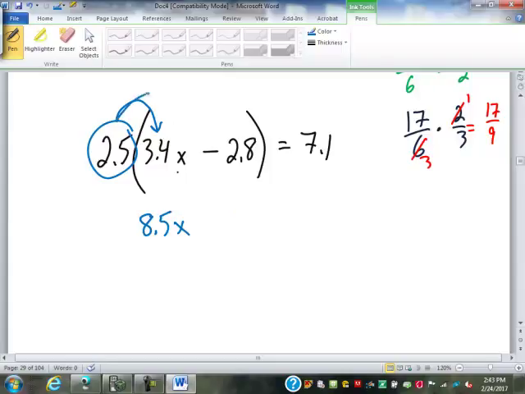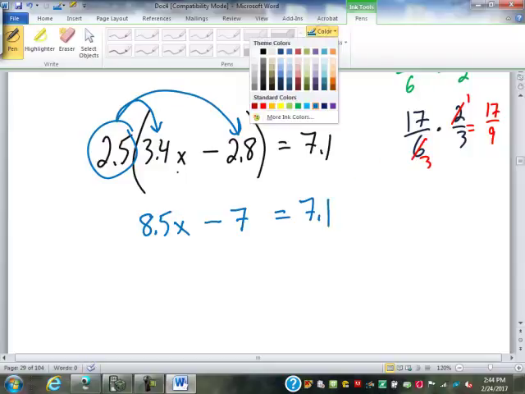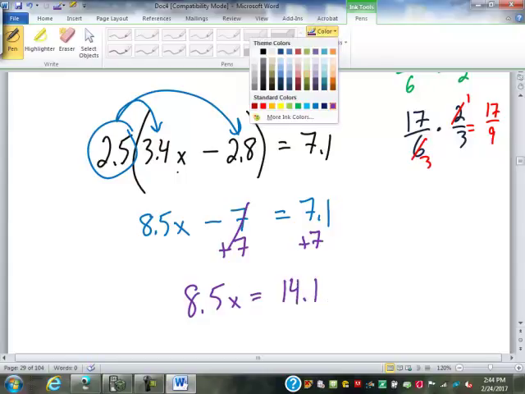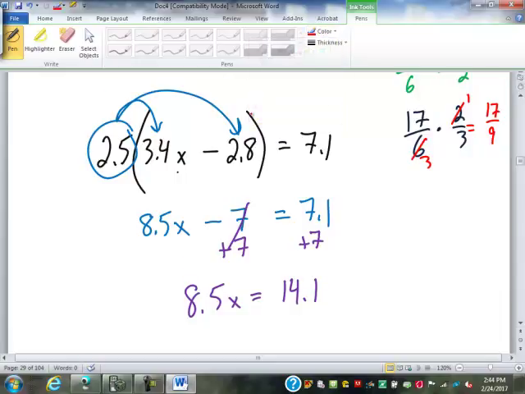Wonderful. 2.5 times negative 2.8 is a negative 7. Good. Now what's our next step? Add 7. So 8.5x equals 7.1 plus 7, which is 14.1. And our final step?